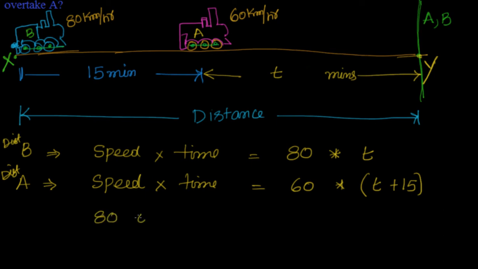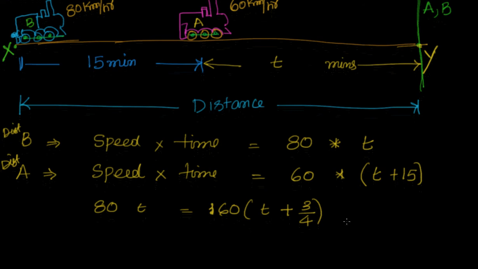I can say 80t equal to 60 into t plus 15 minutes, so I'll convert that into hours, so I'll have t plus 3 by 4. Now we can simplify this. I will have 80t equal to 60t plus 60 into 3 by 4.